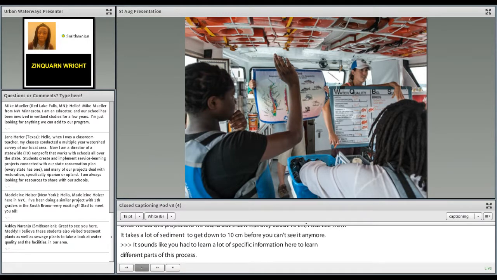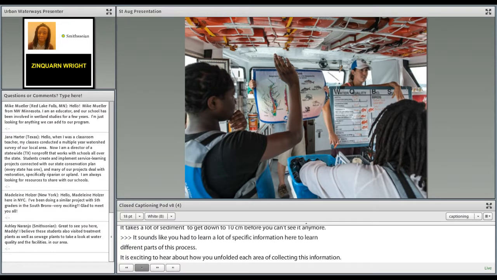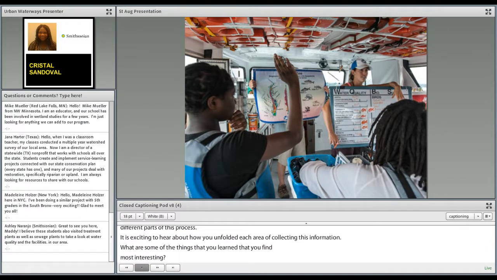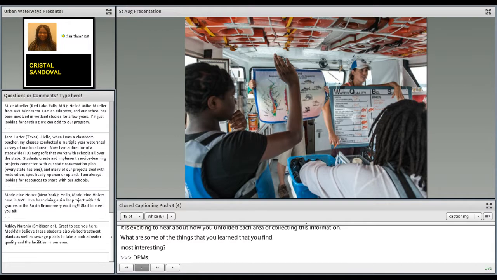Let me see. PPMs. It's supposed to represent parts per million. For parts per million, it's the number that we found. If it was like 1 per million, that's good. If it's more than that, that's kind of bad.